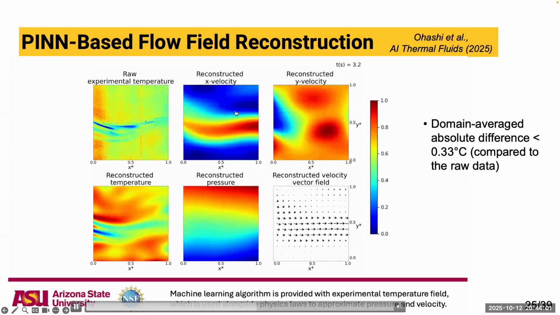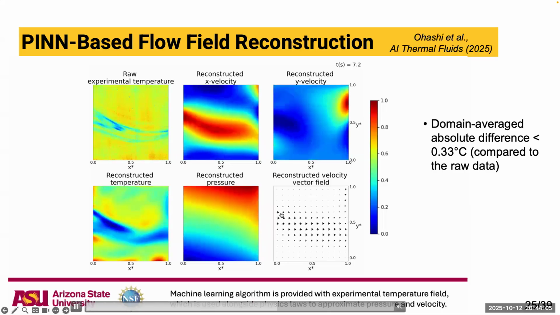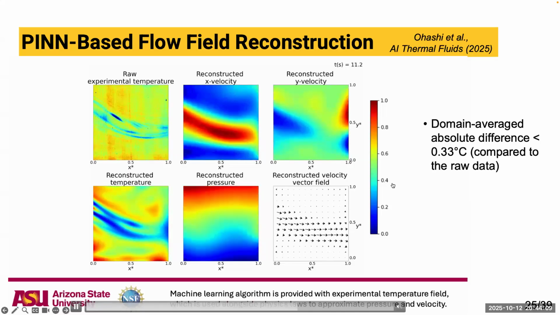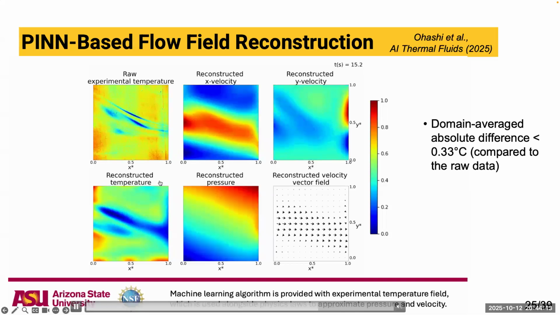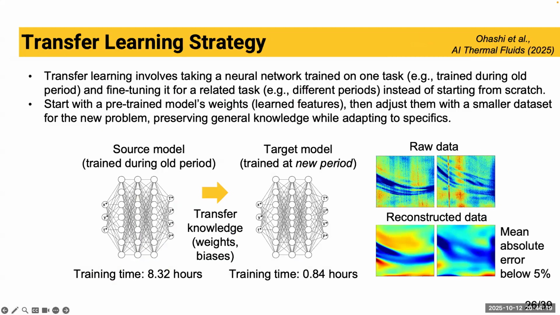We also predicted the corresponding x, y velocity fields and pressure fields. The domain average difference was less than 0.33 degrees C compared to the raw data. So PIN successfully inferred the unmeasured fields, and it also corrected the noise in the raw data.